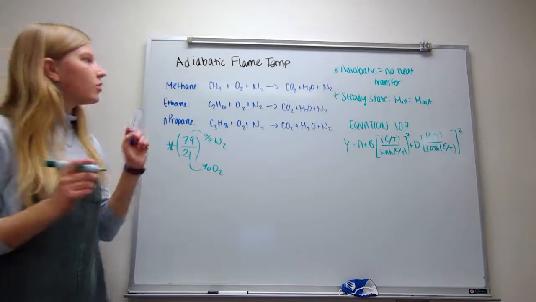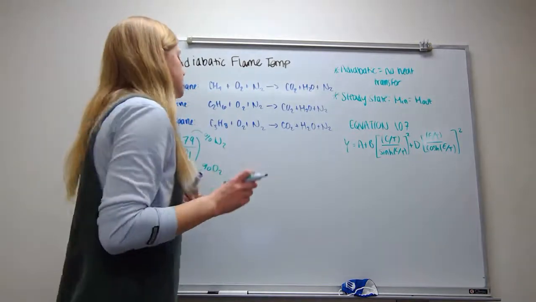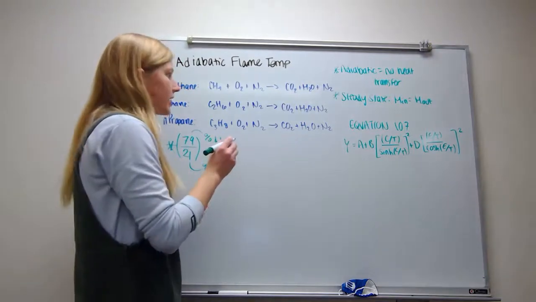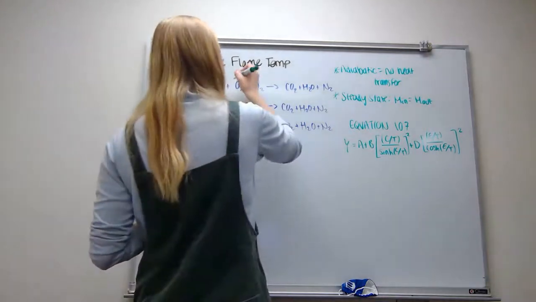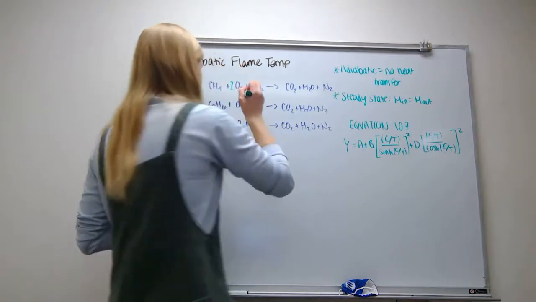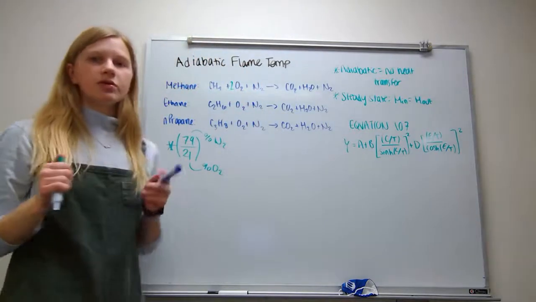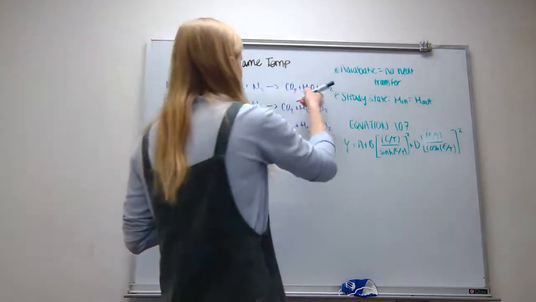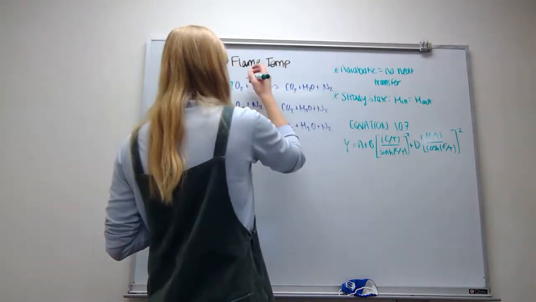Okay, so now let's start with the first one. We have one carbon in both, which is good. Oxygens are not balanced, so we're going to add two to this side. And then our hydrogens, we are going to end up having two.